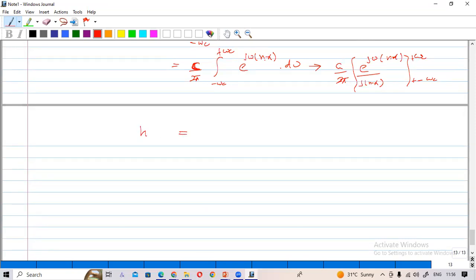So actually you are finding h(n), which will be C over 2 pi times 1 over j (n minus alpha), which is also a constant. Applying the upper limit, you get e to the power j omega c (n minus alpha), minus the lower limit, minus omega c, which gives e to the power minus j omega c (n minus alpha).